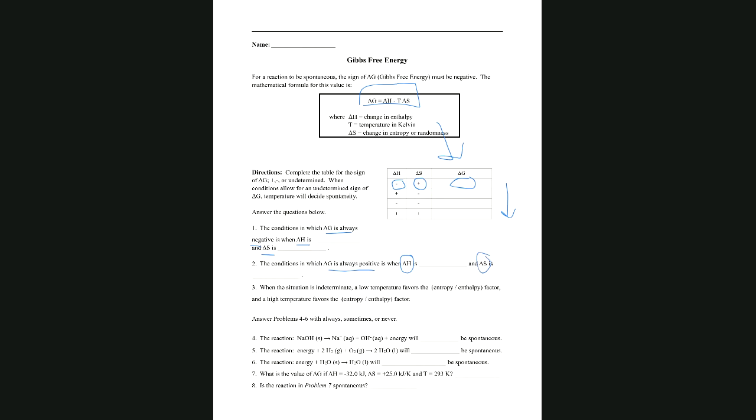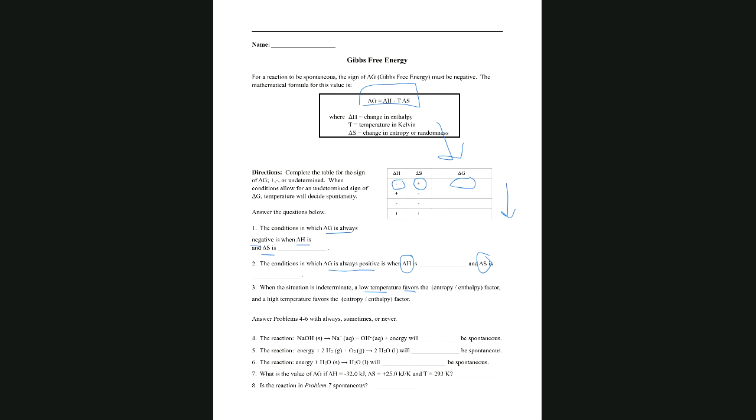And then number 3, when the situation is indeterminate, in other words, we don't know because of a conflict with the signs, then it says low temperature is going to favor entropy or enthalpy. And what it really means when it says favor is which is more important, at a low temperature, entropy or enthalpy. Because if you look at the equation, you ought to be able to figure that out.